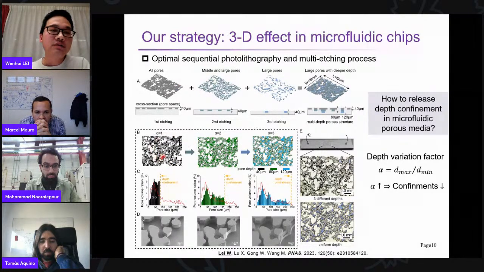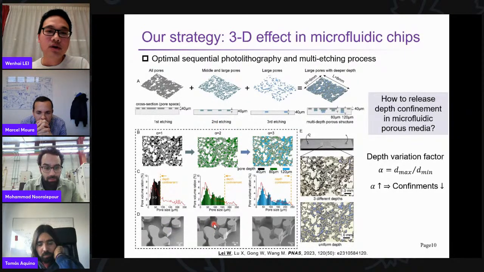For the first etching, we etch all the pores, so we can get this microfluidic porous media. For the second etching, we just etch the middle and the larger pores, so we let the middle pores be deeper. And for the third etching, we just etch the larger pores. Therefore, we achieve the depth variation in the microfluidic porous media, where the larger pores contain the deeper depths.